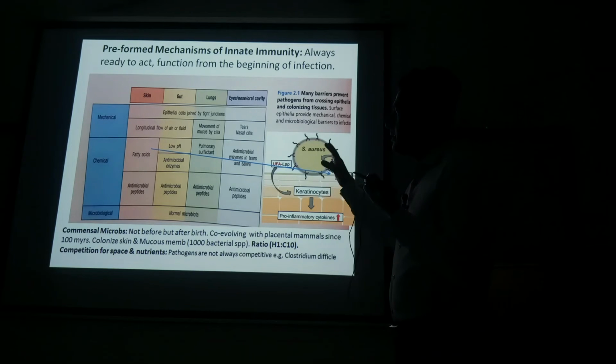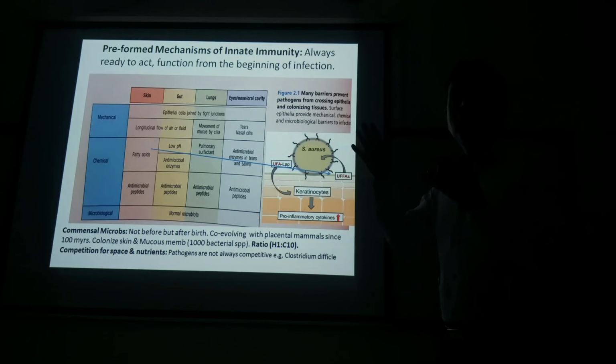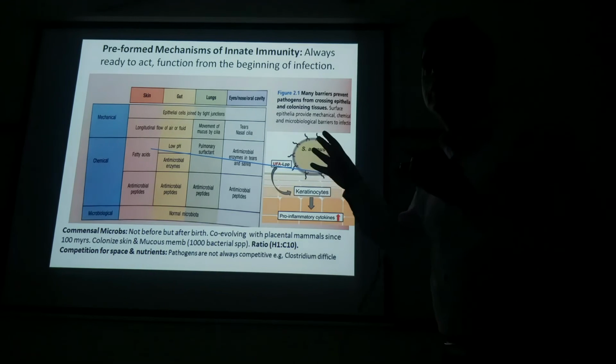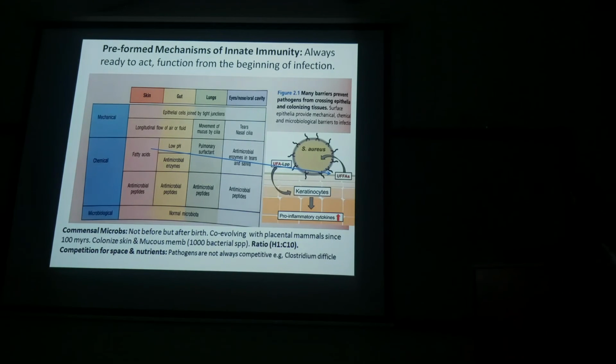Okay? So they always compete for space and nutrients on the mucous membrane and on your skin as well. Because if there is a single pathogenic microbe, for instance, which has attached itself on your skin or on the mucous membrane, that pathogenic microbe is going to look for nutrients in order to survive and replicate and have progeny in order to cause a productive infection.